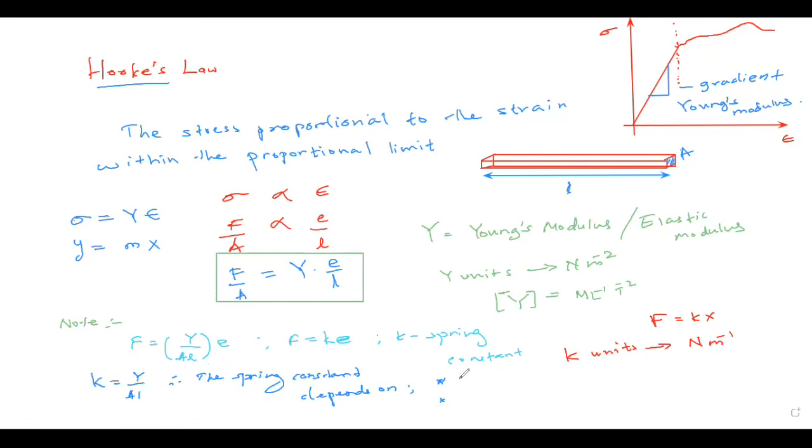One is Young's modulus or elastic modulus. The other one is cross-sectional area. And then third, the length, no? Yes, sir. Length.